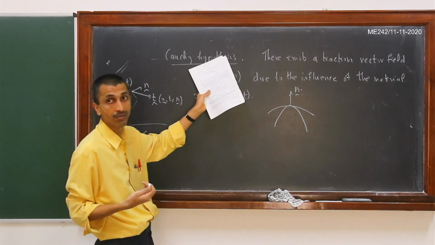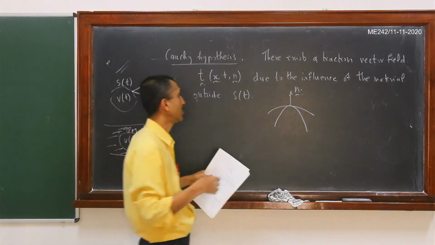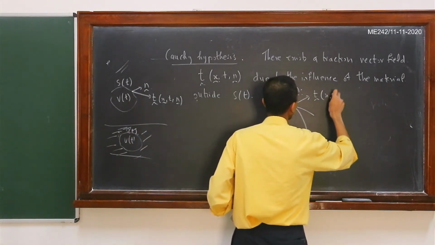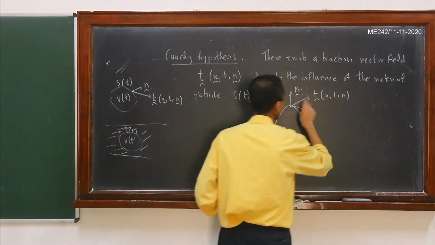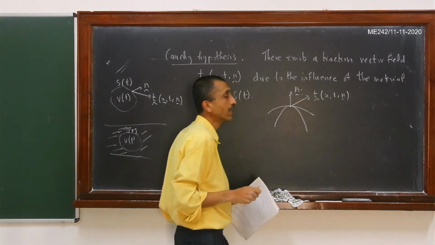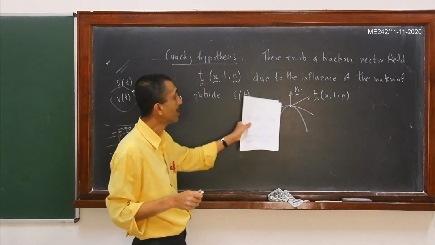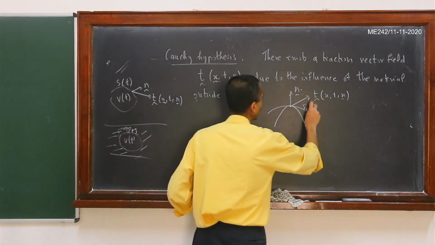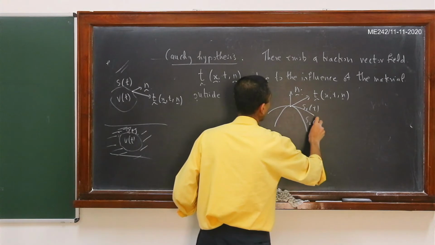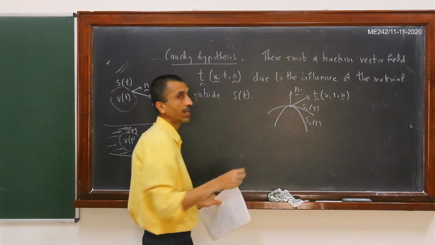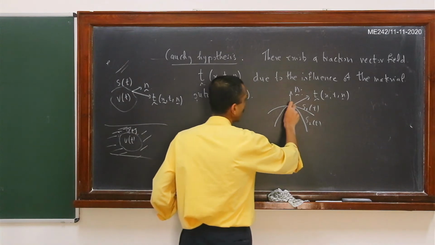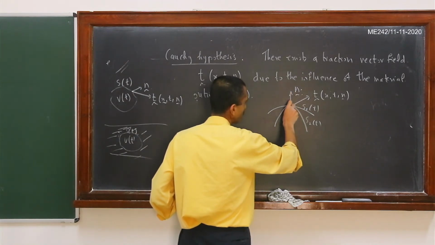It's an assumption that we make, and so the traction vector for both these surfaces at this given point will be the same, because the normal to both of these surfaces is the same. Let me call them S1 of t and S2 of t. Suppose these are two different material volumes, and n is the common normal at this particular point.